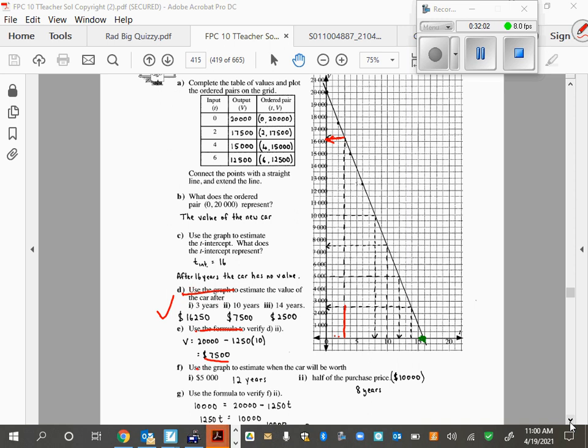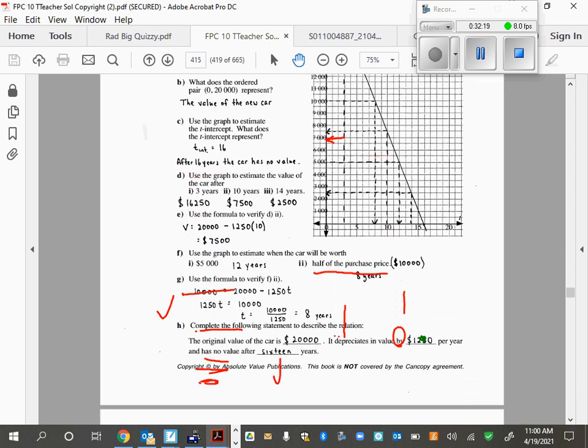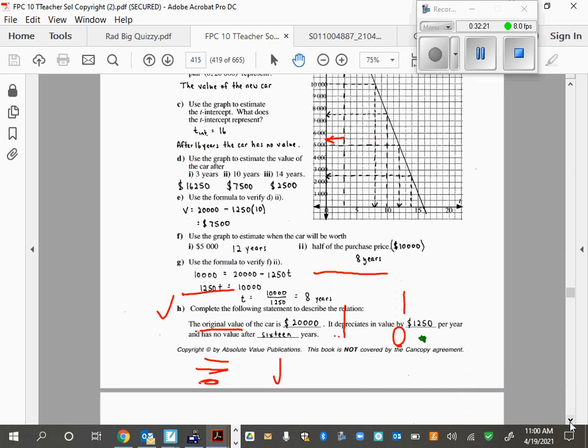Use the graph. When is it $5,000? You go to $5,000 and go straight down. Looks like 12 years to me. Half the purchase price. That's another way of saying when is it worth 10 grand. And there you go.